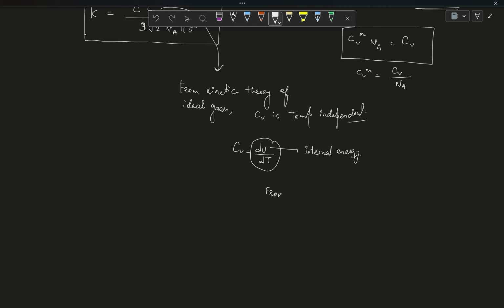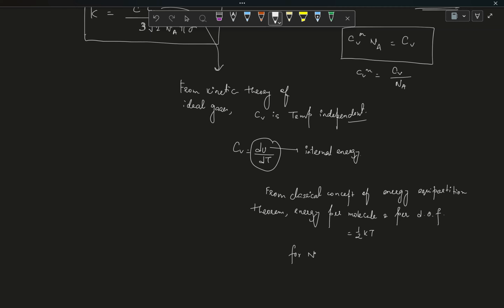So from the classical concept of the energy equipartition theorem, energy per molecule and per degree of freedom, DOF for short, is equal to half kT.